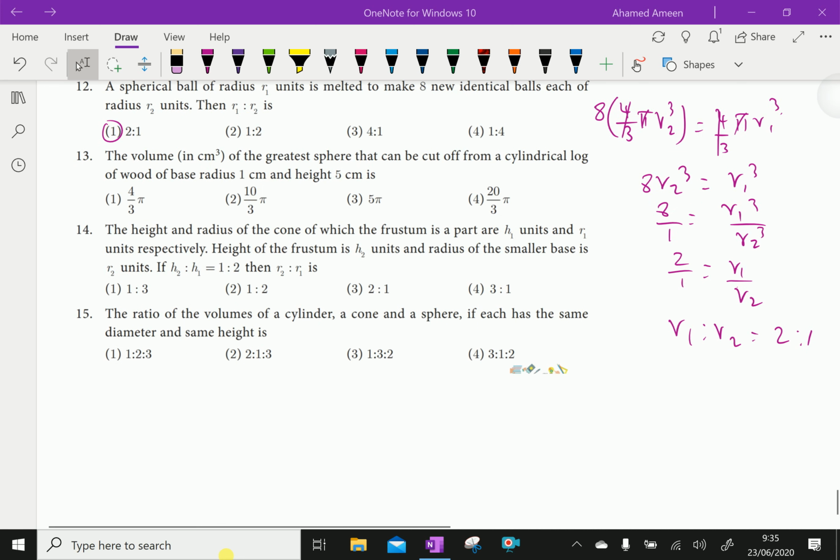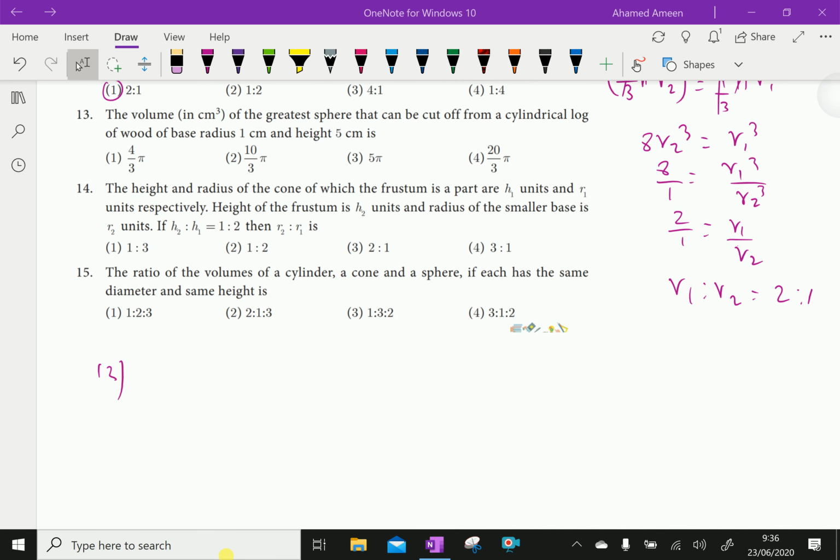Option 1. Now question number 13. The volume in cubic centimeter of the greatest sphere that can be cut from a cylindrical log of wood of base radius 1 centimeter and height 6 centimeter.